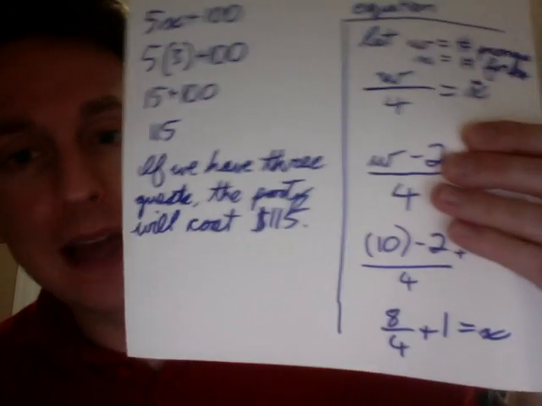So now we have 8 over 4 plus 1 equals X. So 8 divided by 4, you know that to be 2. Oh, I'm running out of space here. Okay, I'll make a new column on the left. So 2 plus 1 equals X. You know 2 plus 1 equals 3.